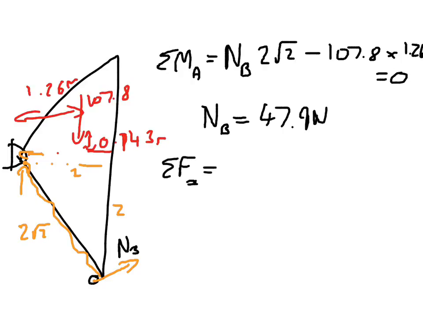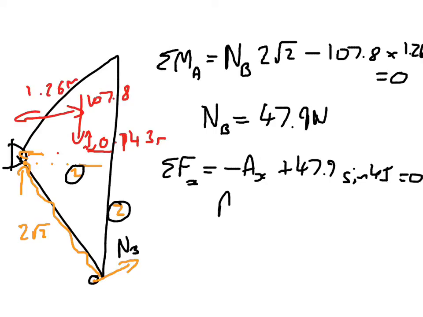We can then do some of the forces in the x and the y direction. So we're going to have minus AX plus 47.9 sine 45, and we know it's 45 degrees because we've got 2 metres there and there in the x and the y direction, and that equals 0. So AX is equal to 33.9 kilonewtons.